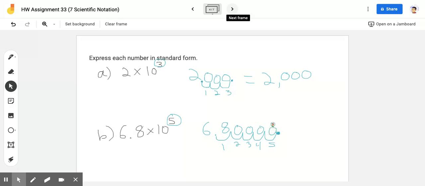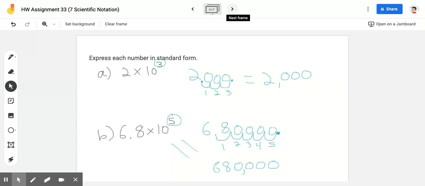And I could write out what that number is. So we have 6, 8, 0, 0, 0, 0, include my commas. Therefore, 6.8 times 10 to the fifth is equal to 680,000, okay? Positive exponent means that my number is going to be large. I'm going to have a large value, meaning a value that is greater than 1.